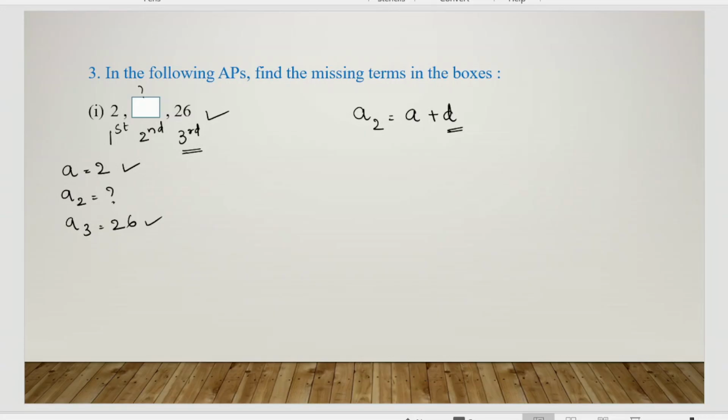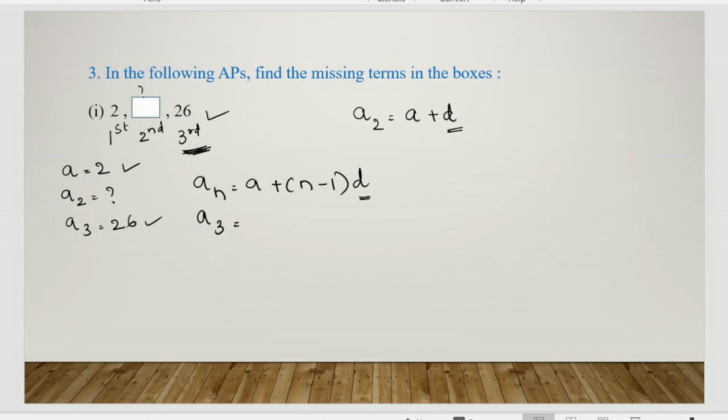So let us take the formula An is equals to a plus n minus 1 of d. First we will find the common difference using this third term. Now let us take the formula for A3 because we know the third term of an AP.